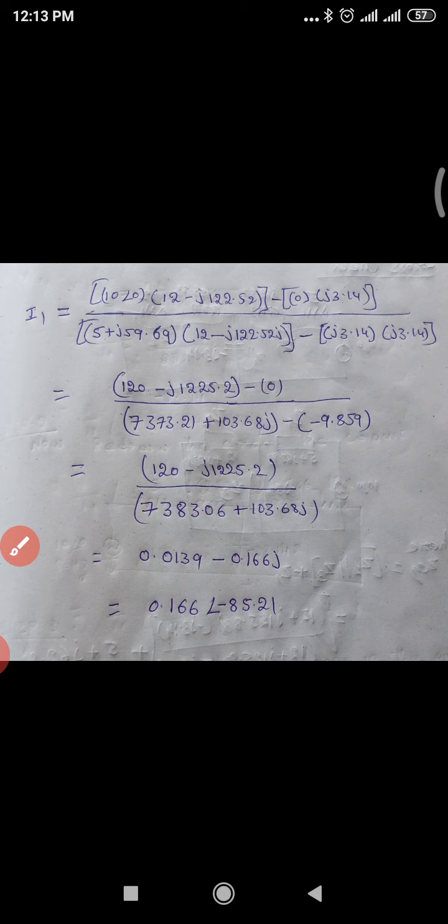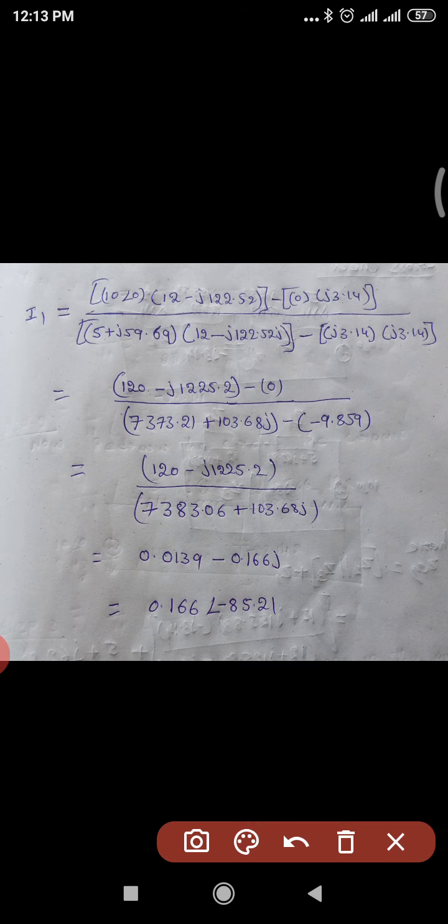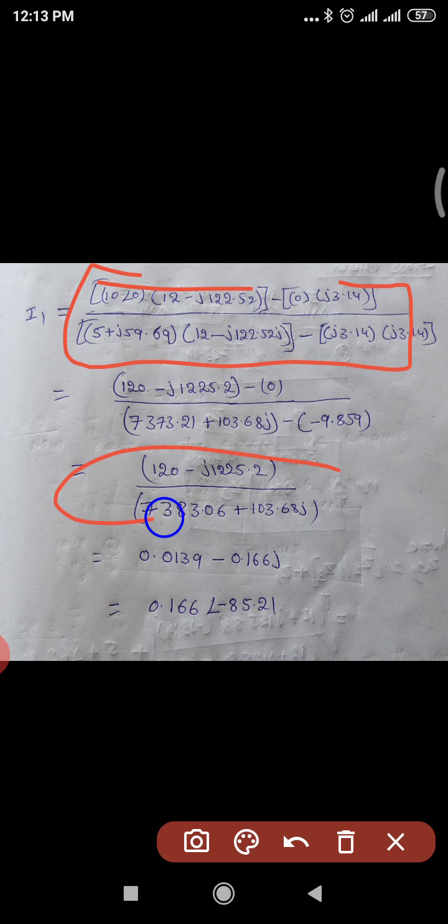This is the simplification process. In the simplification process we use step-by-step solving. If you simplify all these values we get this, and after that we get 0.0139 - j0.166.